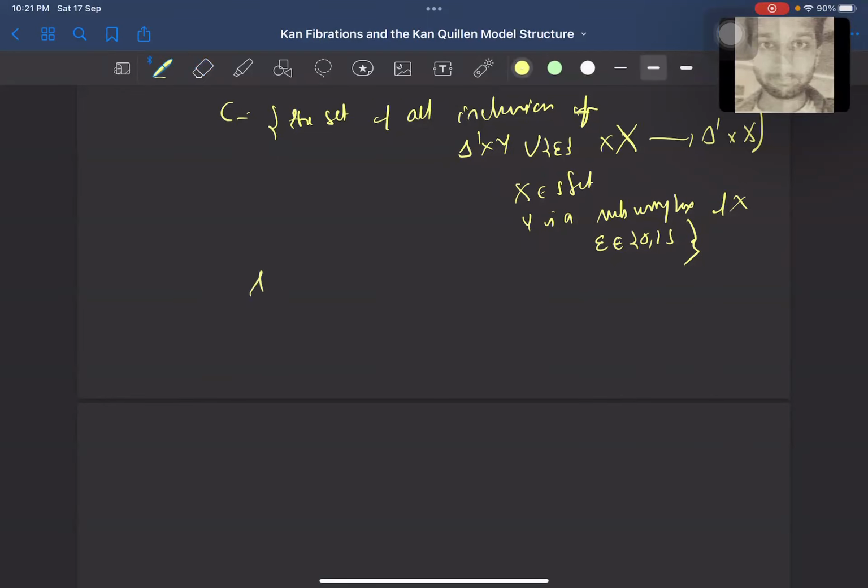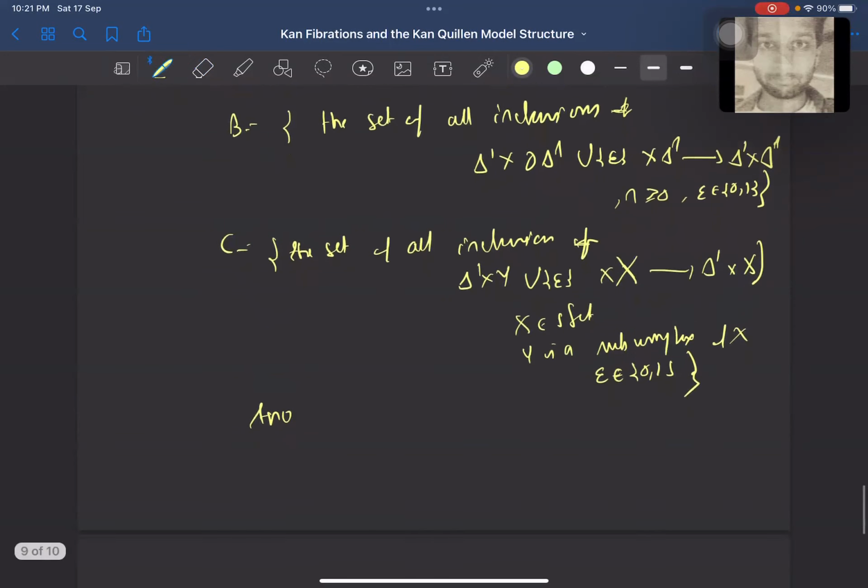I've given it a name. So these are our three classes.